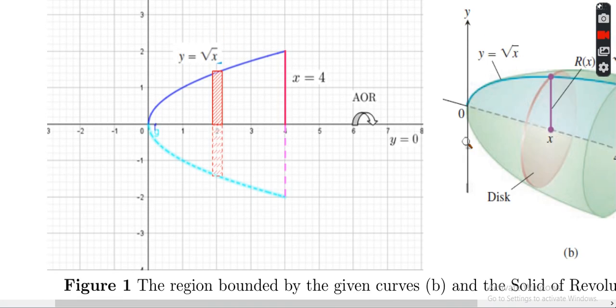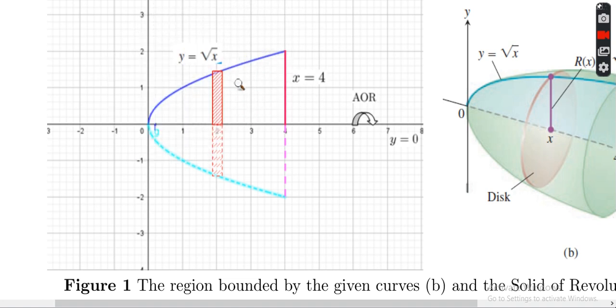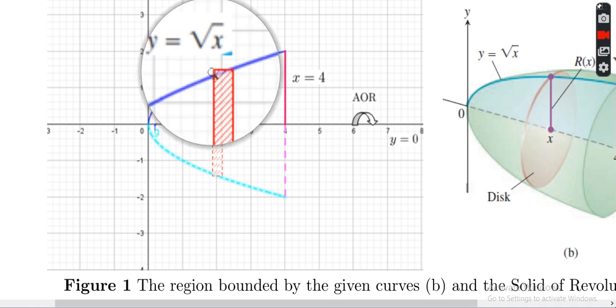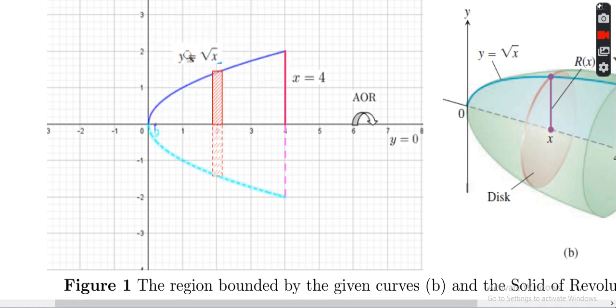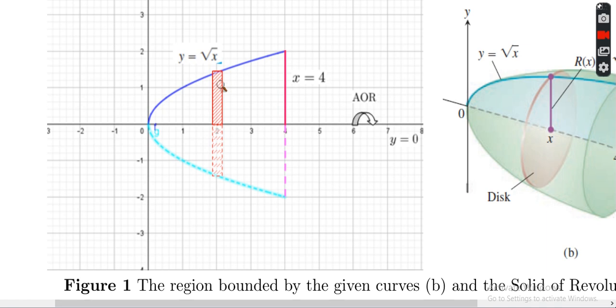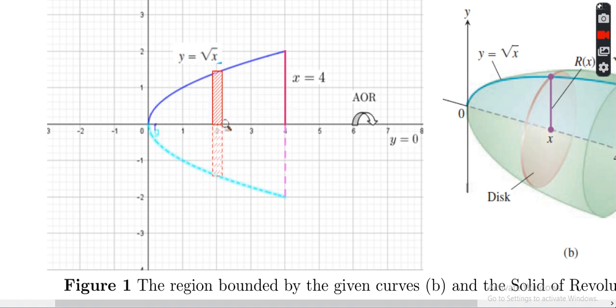Balik ulit tayo dito. Para pinaka-basic, balik tayo dun sa basic ng area. Your f of x is the upper boundary, and that is y equals the square root of x, kung saan nag-touch yung upper end ng iyong rectangle. And then, saan nag-touch ang lower end ng rectangle? That's the axis of revolution, and that's y equals 0. That's your lower boundary or the lower curve.